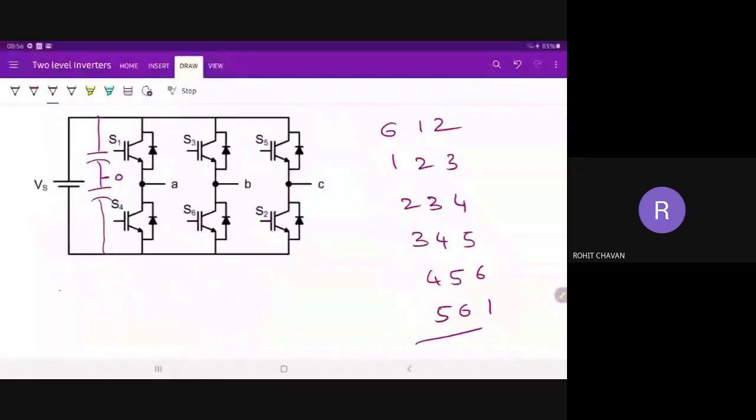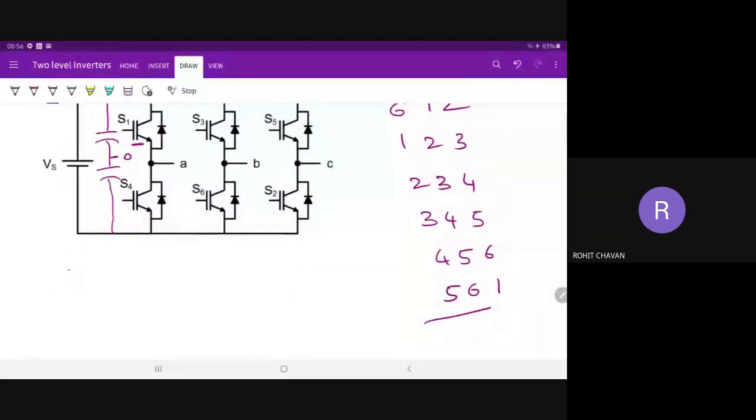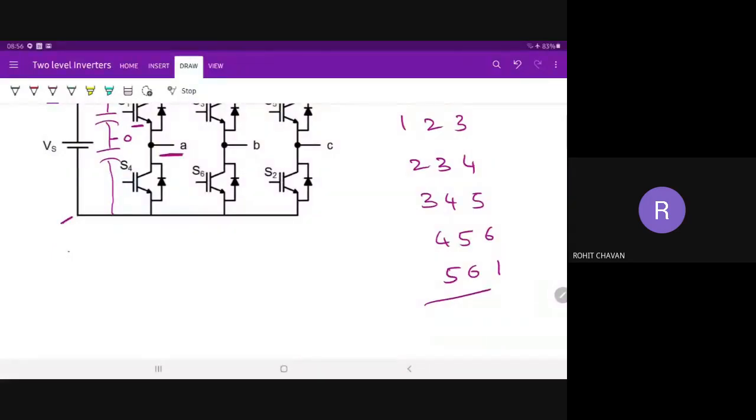Let us assume this upper switch is on. What is the voltage you will get between this A and this point? The voltage is positive, agree? When the upper switch is on, that voltage is positive.